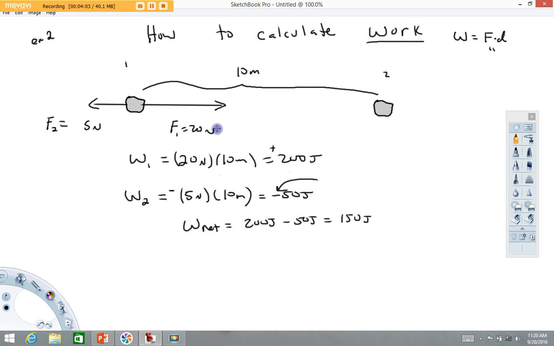So in this example, this force would do 200 joules of work. This force would do negative 50 joules of work. The net work is the sum of the two, which would be 150 joules. Also notice that this object would be speeding up as it moves from left to right. So I'm going to take a moment now and pause this and look at a third example.